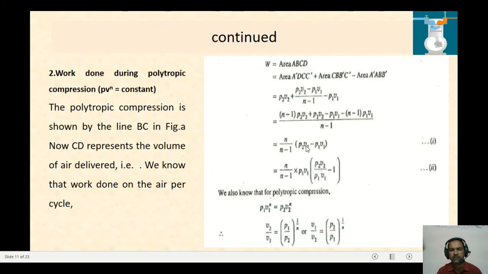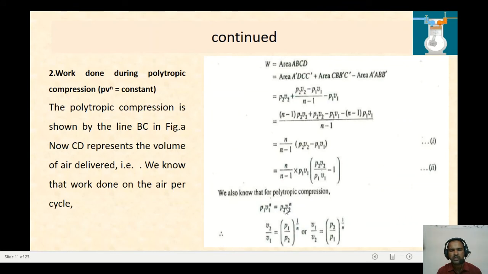Here we take P1 V1 common, and we will get this one. We have to put the value of V2 by V1, right? For the polytropic process we know PV raised to n equals constant, that's point 1 and point 2, so we can write P1 V1 raised to n equals P2 V2 raised to n.